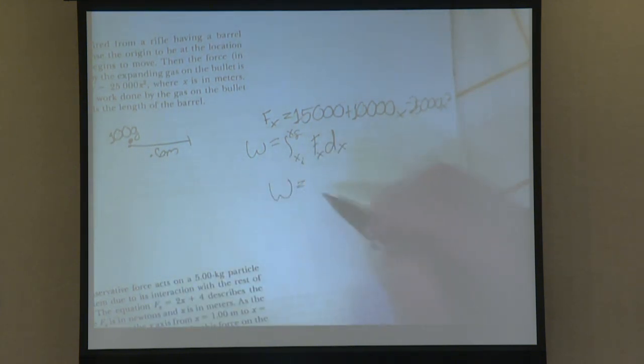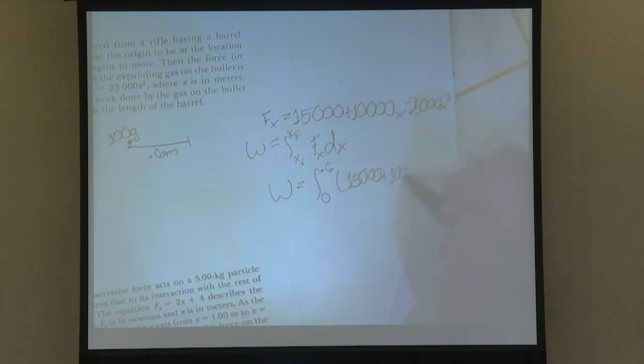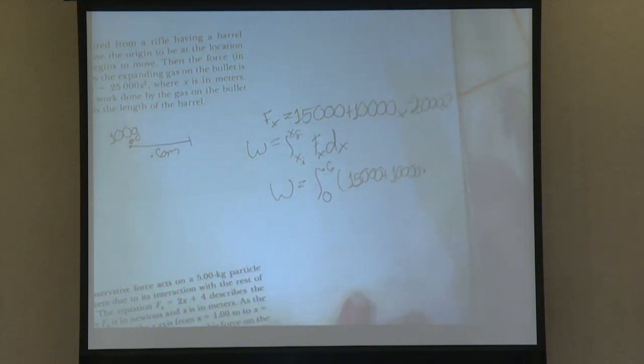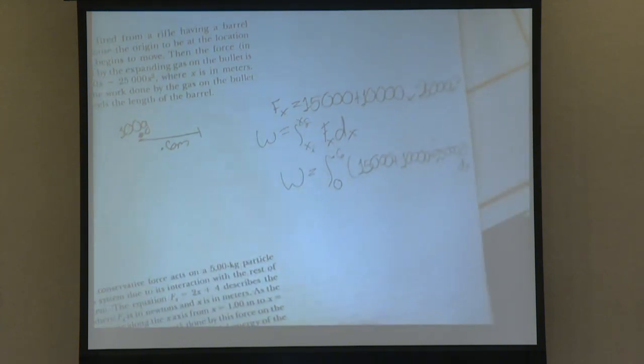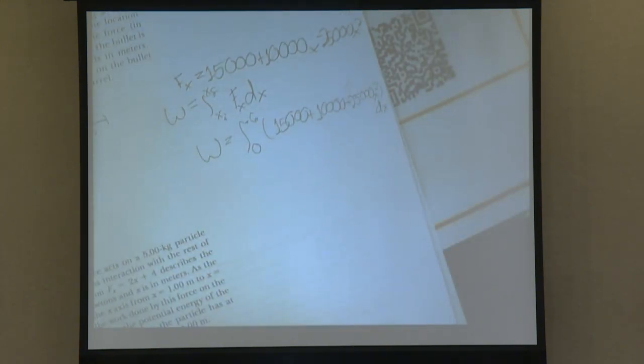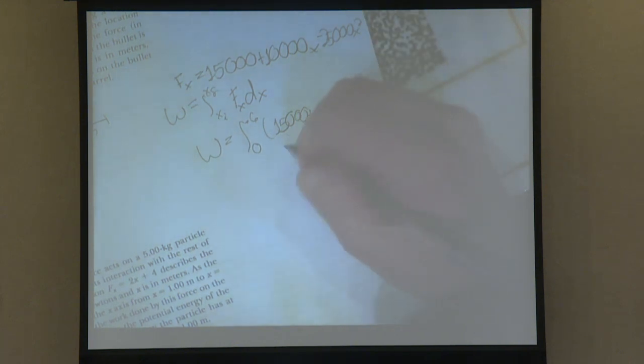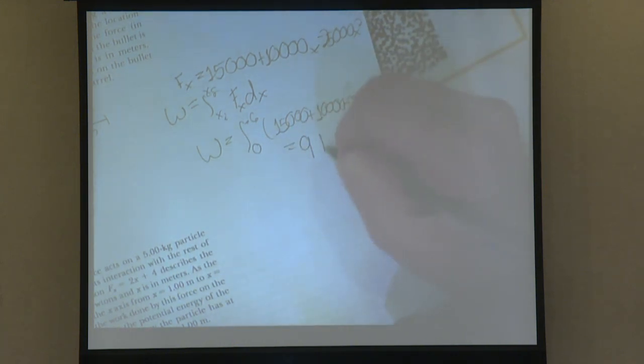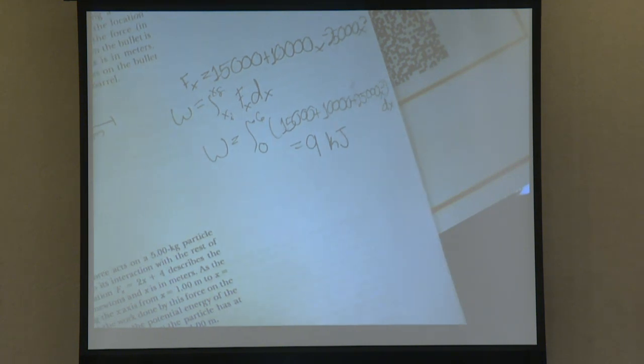So our work is going to be the integral from 0 to 0.6 of 15,000 plus 10,000 x minus 25,000 x squared dx. You can just plug that into a calculator or solve it if you want to. Remember that work is in joules, so you're going to get 9 kilojoules. Okay, and then that's it for that question.